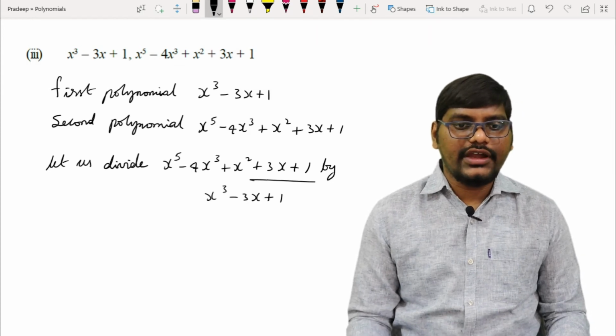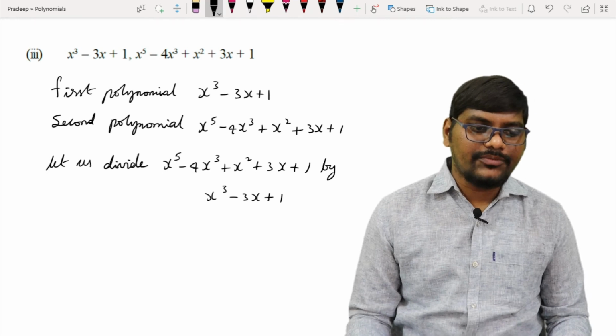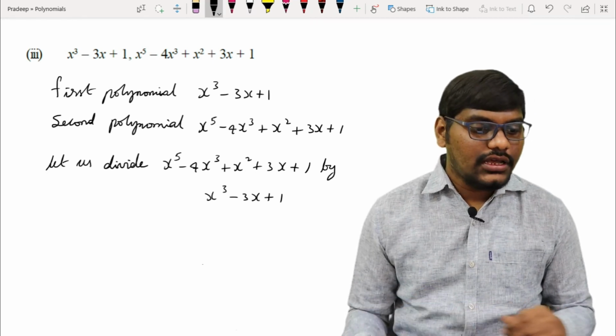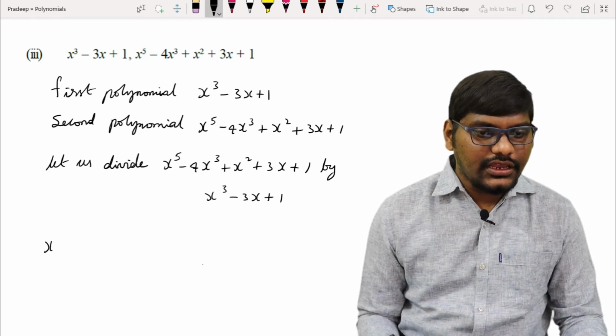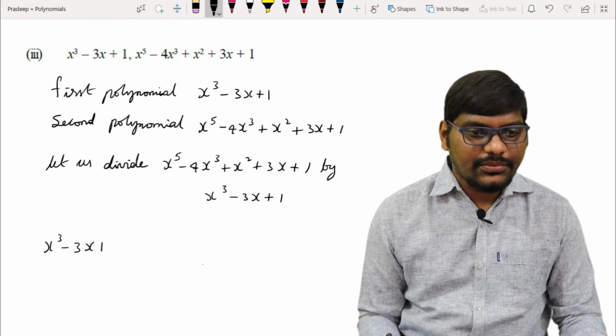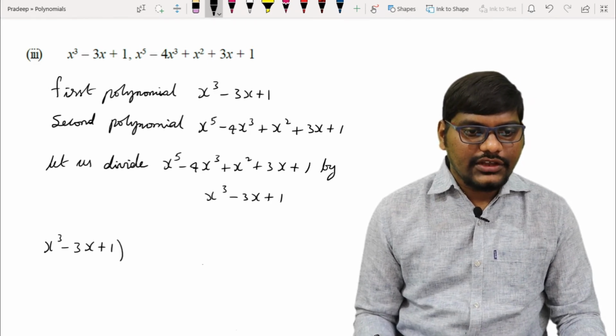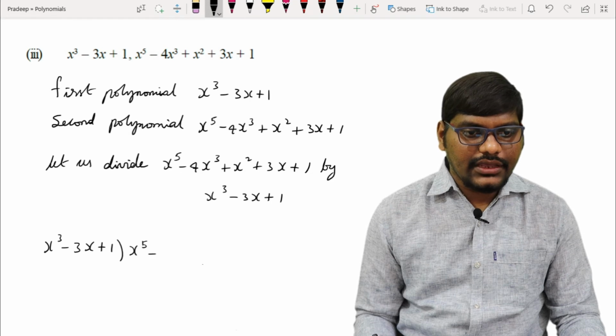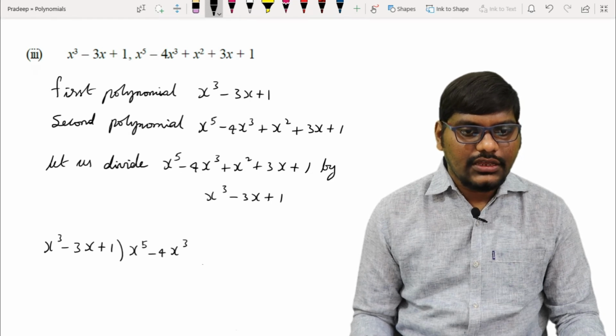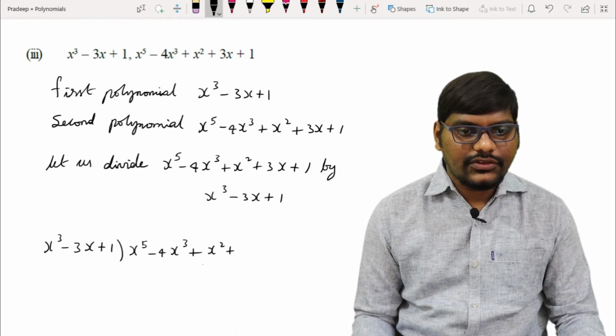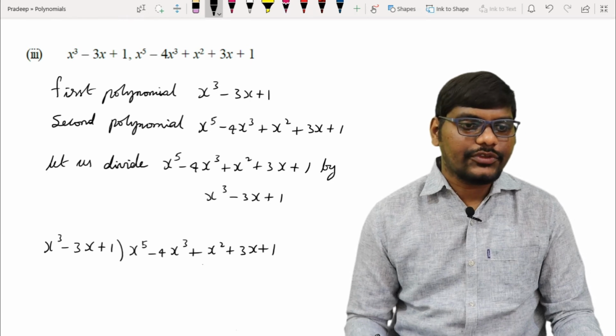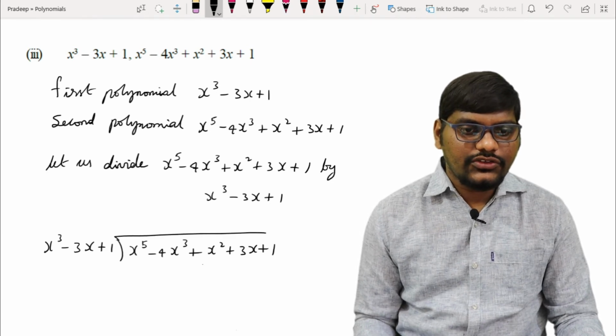So we are going to divide this particular polynomial with this one. So let's go forward. Okay, so let's do this.